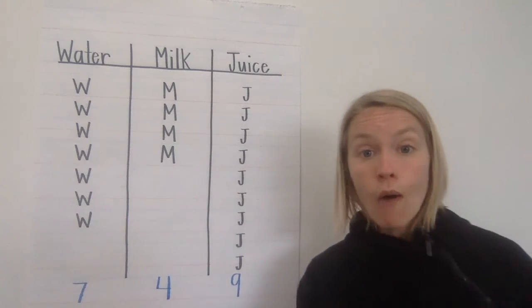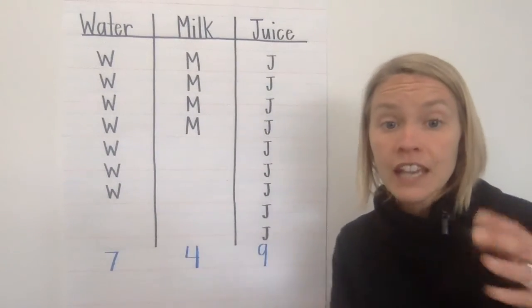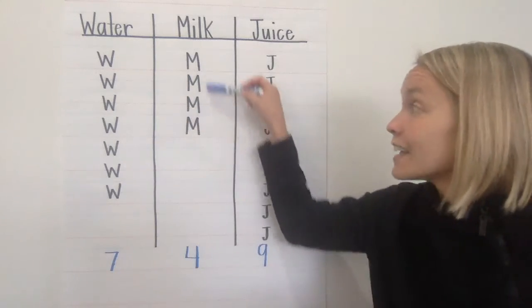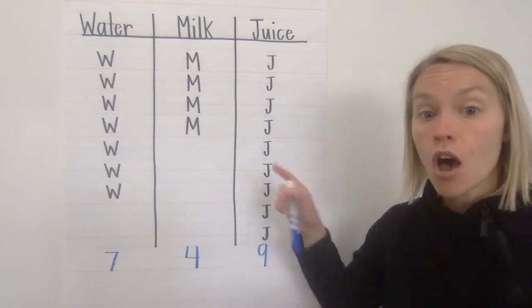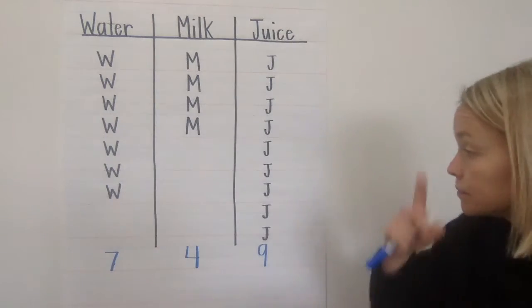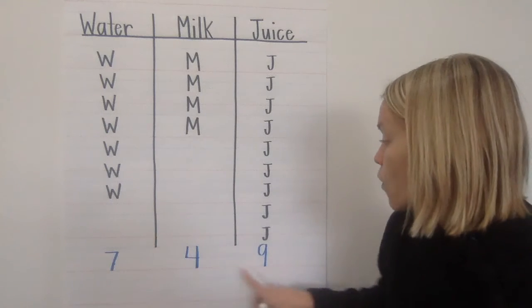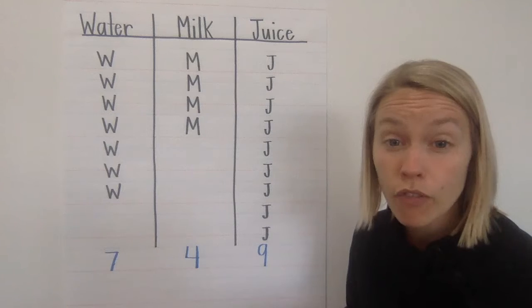So when I want to know how many people answered the survey, I want to add all of the answers together from all 3 groups. So I can look down here. We have 7, 4, and 9.